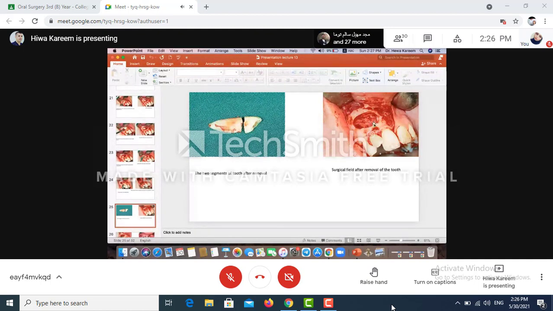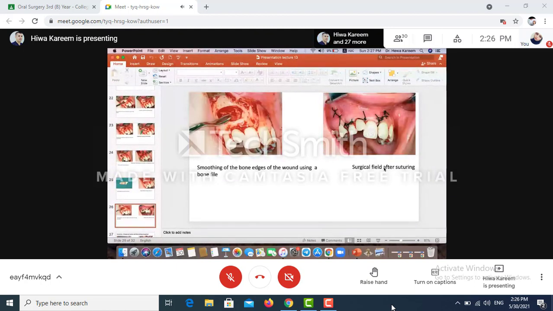You must smooth the area if you have any sharp areas, by bone file.